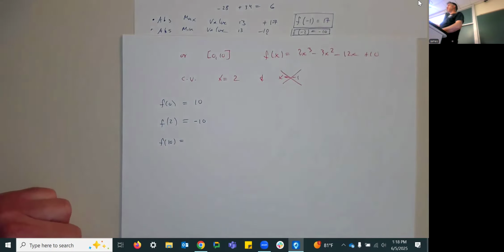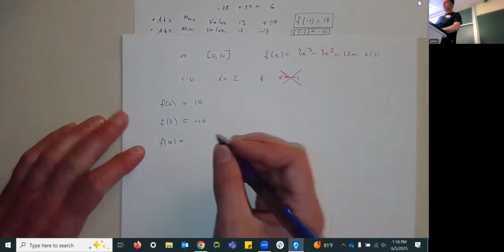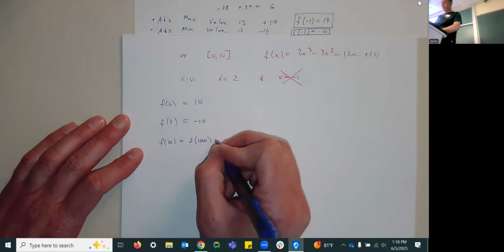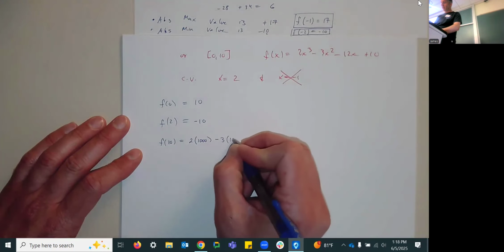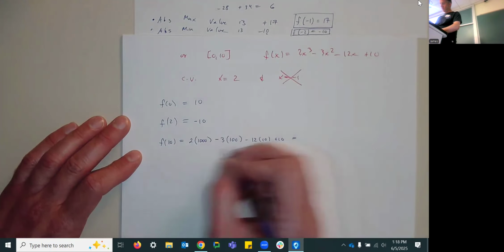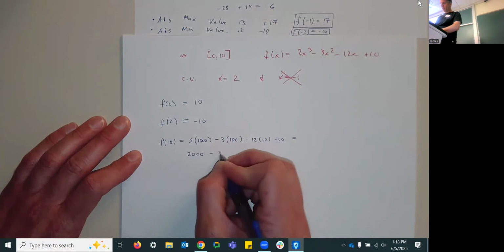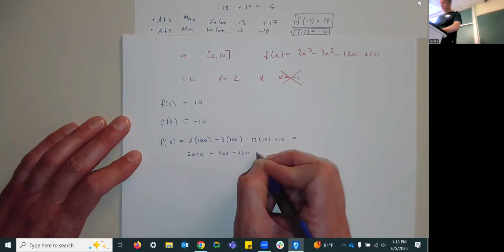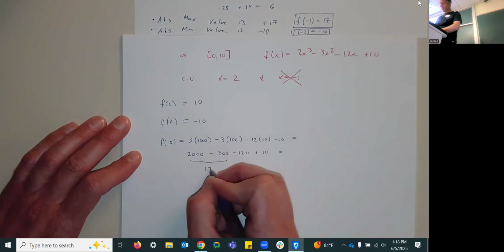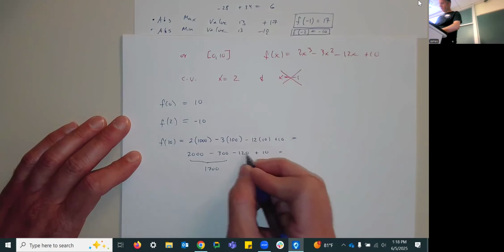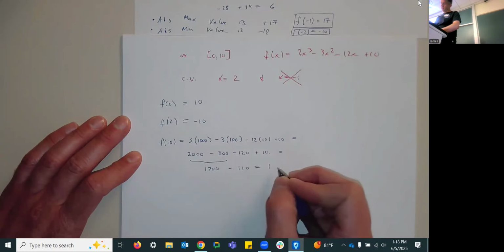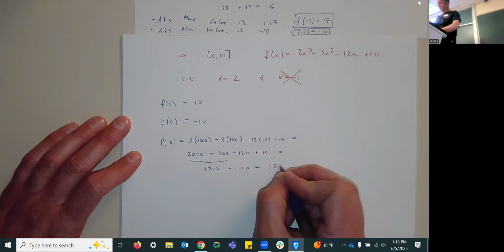And f of 10, I picked 10 because 10 is relatively easy, because 10 to a power is just some number of zeros after 1. So we get 2 times 10 cubed, which is 2 times 1,000, minus 3 times 10 squared, which is 3 times 100, minus 12 times 10 plus 10. That's going to be 2,000 minus 300 minus 120 plus 10. That's going to be 1,700 minus 120 plus 10, which is -110, so 1,590.